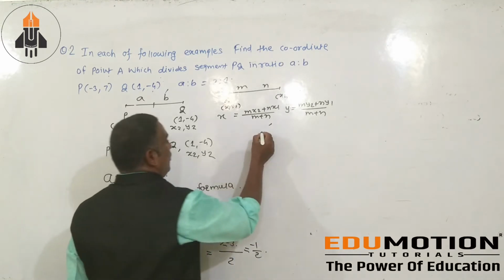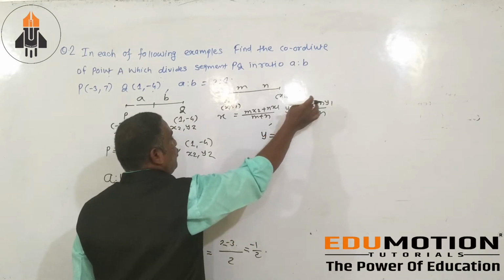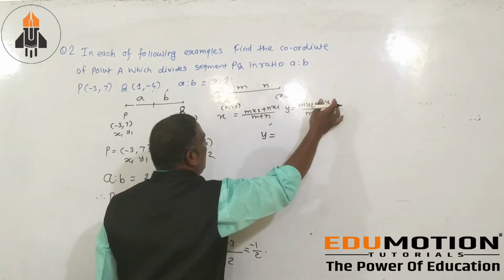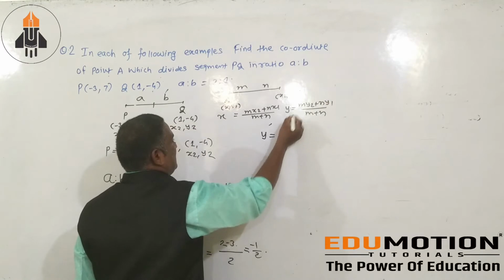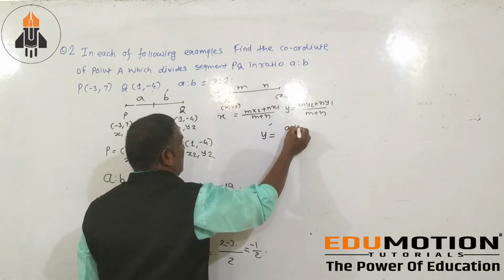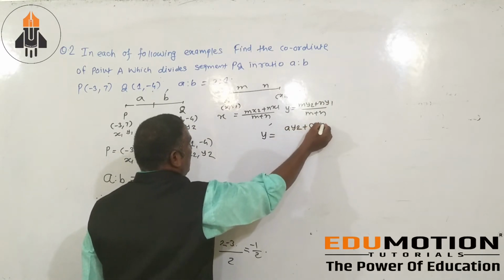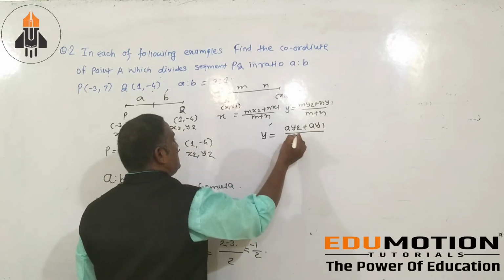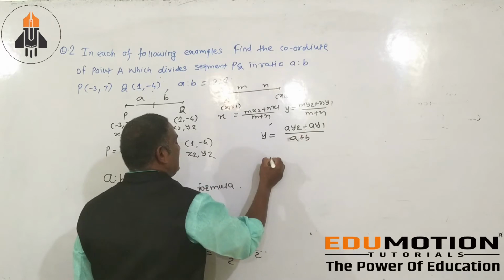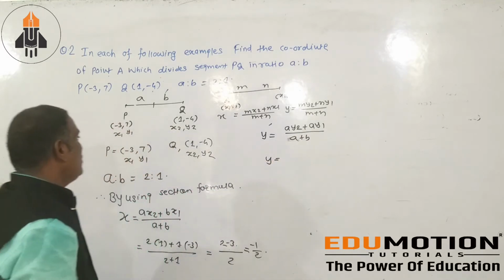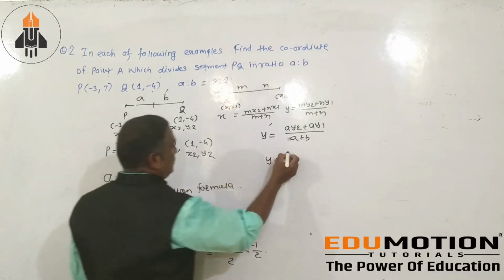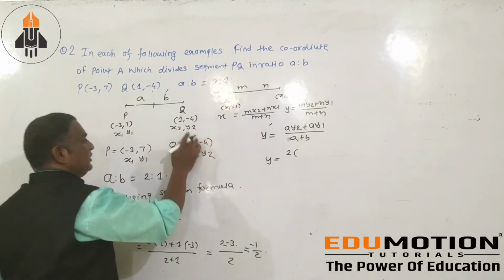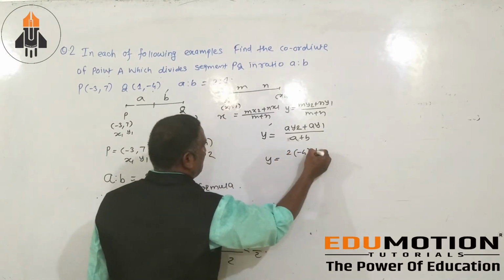Then next y: my2 plus ny1 divided by m plus n, means we write ay2 plus by1 divided by a plus b. y equals, what is the value of a? 2, y2 is minus 4.